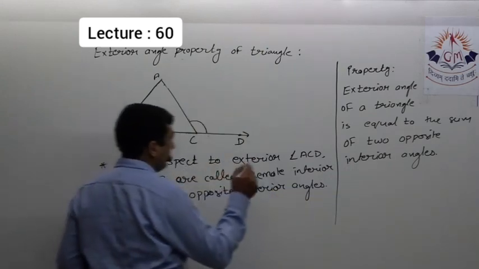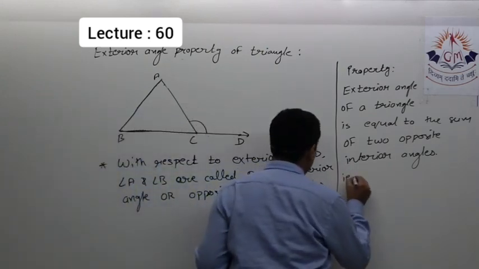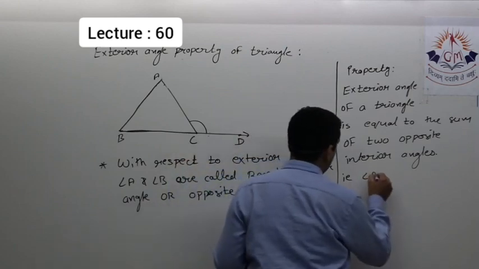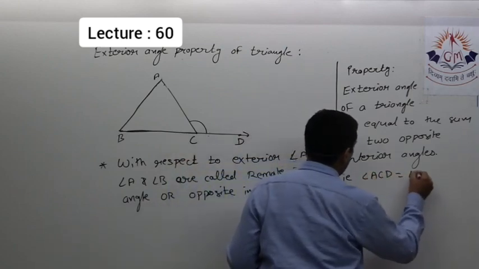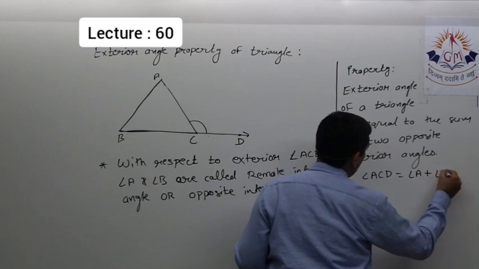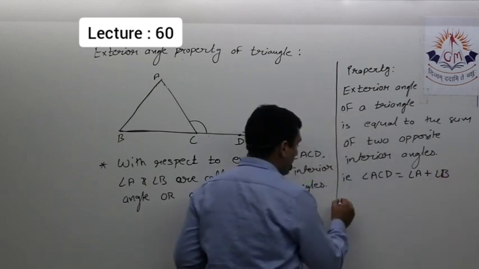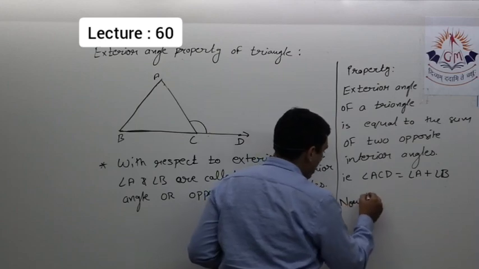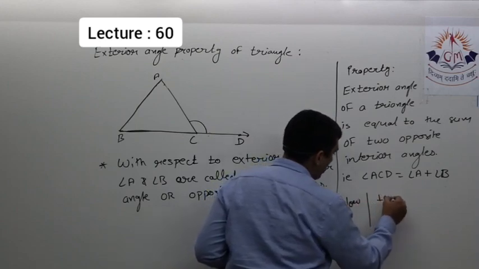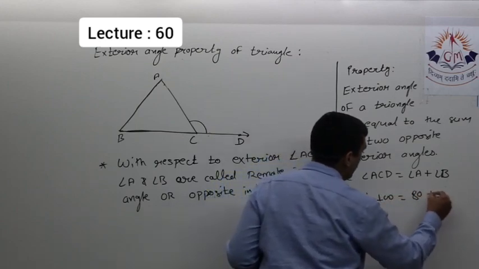Over here I can say angle ACD is equal to angle A plus angle B. Now for a while, suppose I say 100 is equal to 80 plus 20.